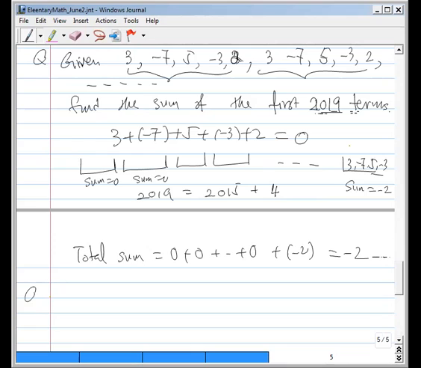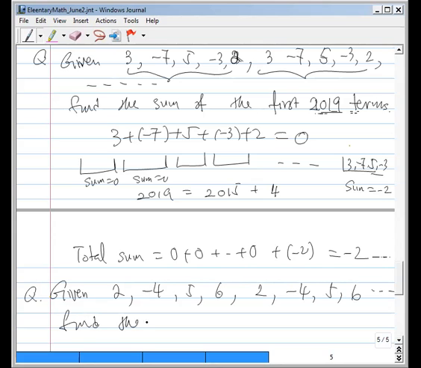Yeah. So let's do one more problem. If we did not get it at the very beginning, now you should be able to do that. Okay. Given the sequence of, okay, 2, -4, 5, 6, 2, -4, 5, 6, and so on. Okay.